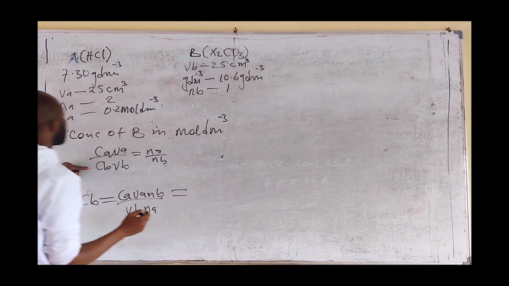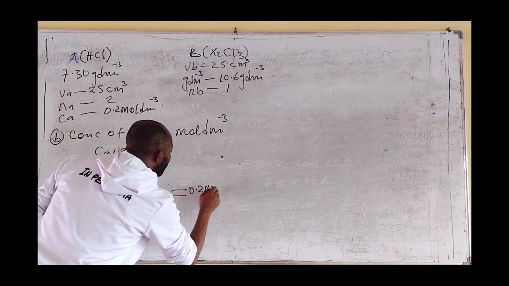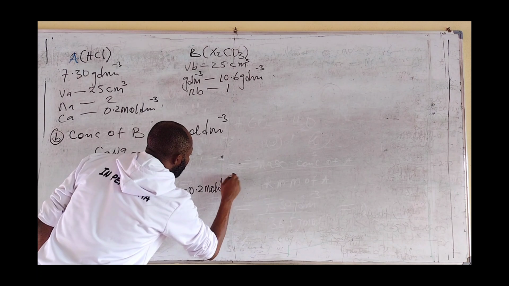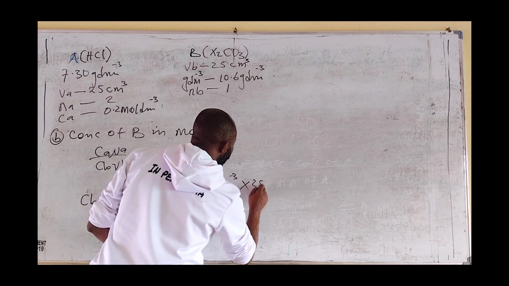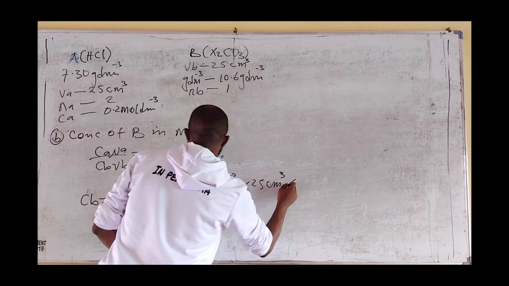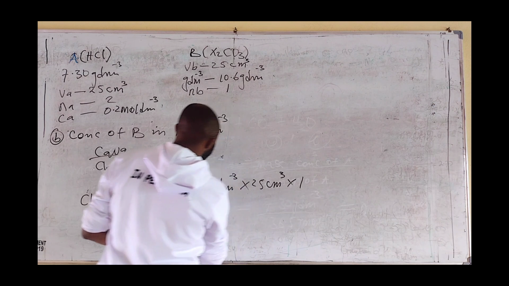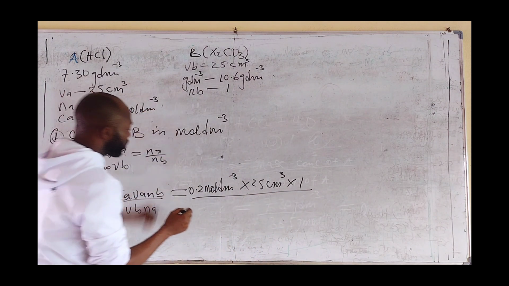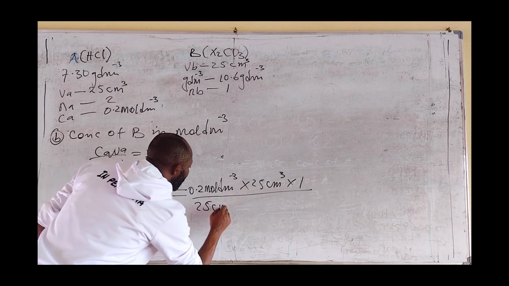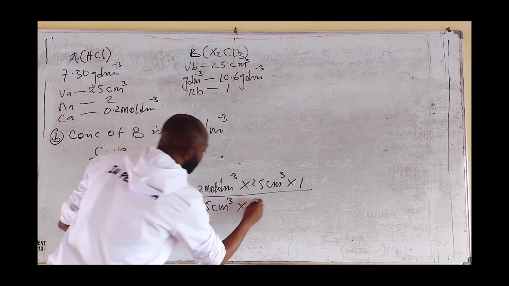And this is equal to the CA, 0.2 mole per dm cube, times volume of the acid, 25 cm cube. The number of moles of the base, NB, is 1. All over volume of the base, 5 cm cube, times number of moles of acid, Na, is 2.